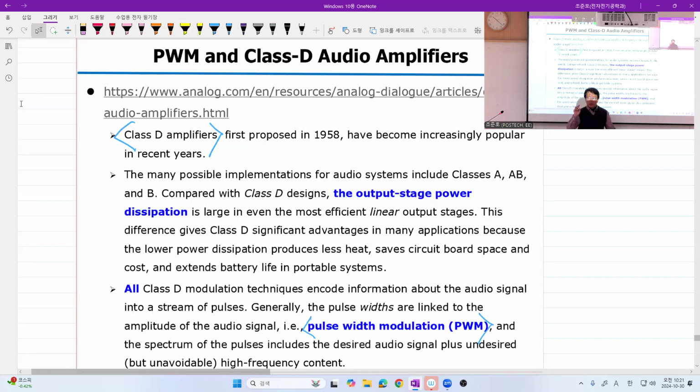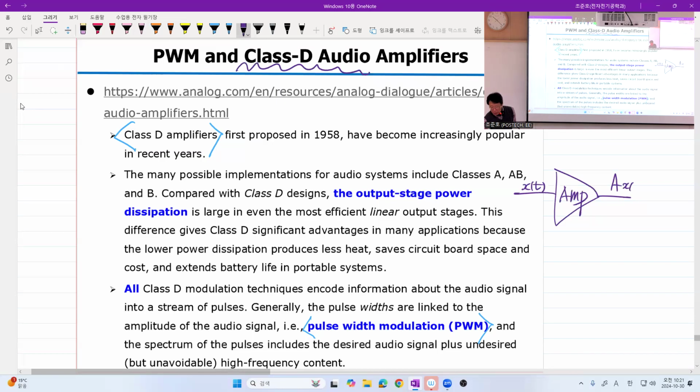Now, you may say that pulse width modulation may not be suitable for voice encoding, but actually it matches well with a specific type of amplifier in the receiver. And that amplifier is the Class D audio amplifier. So it's like this. Usually an amplifier amplifies the input signal, right?